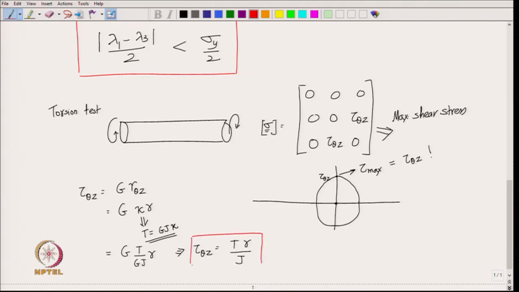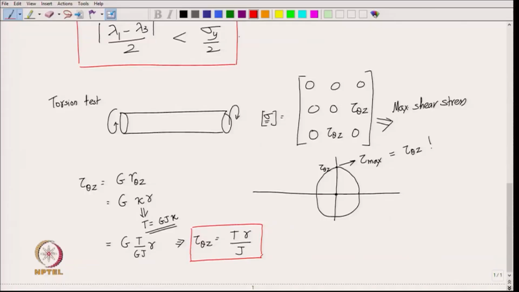Okay. So, in the cross section, tau theta z is also the value of maximum shear stress at that point, and then in the cross section, as you change the radius, tau theta z changes and it attains the highest value on the outer surface of the cylinder, okay, where the value of small r is maximum.